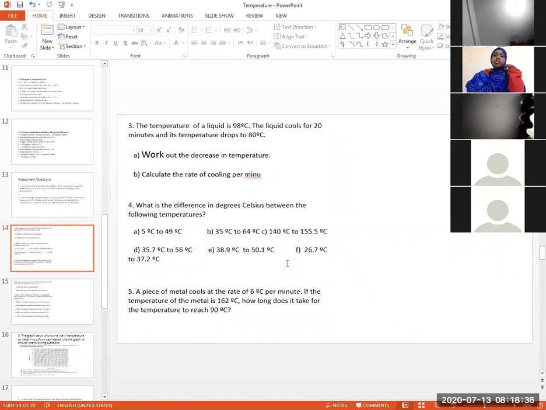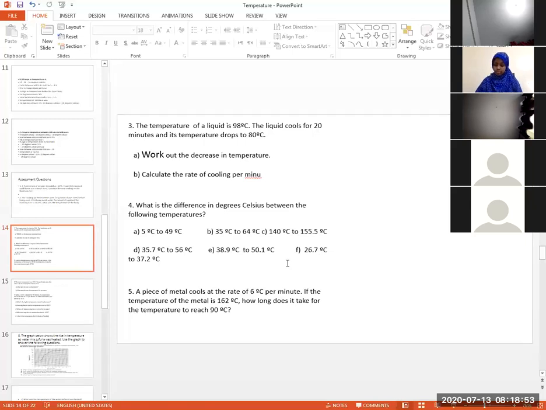And this one means that per it is every. In 1 minute, the metal cools 6 degrees Celsius. The metal cools 6 degrees Celsius for every 1 minute.